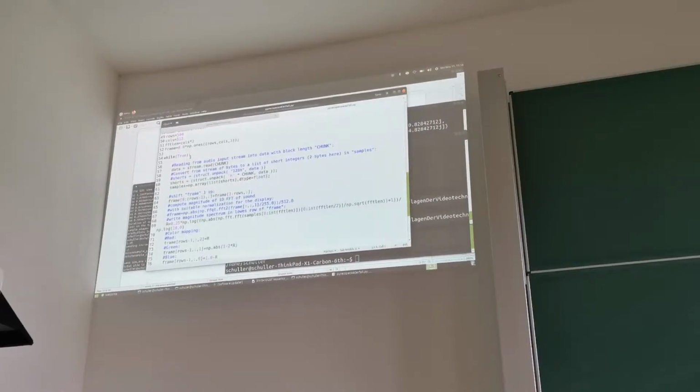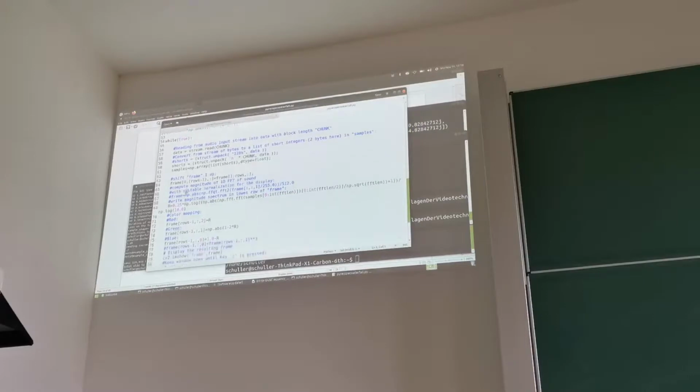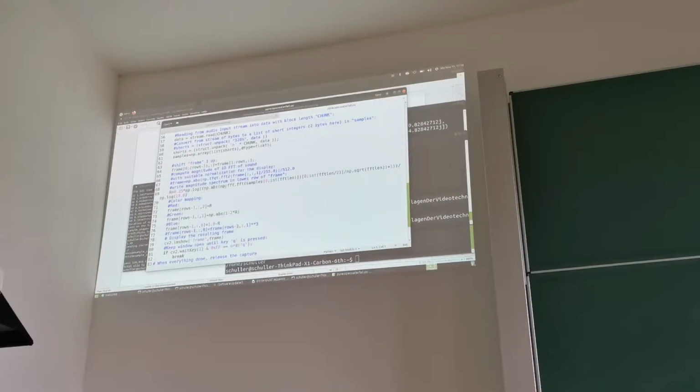Here I have an infinite while loop. I'm reading the data again the same way as before. Here now I'm also computing the FFT the same as before, but now I'm assigning those magnitude values to an R channel, R for red.